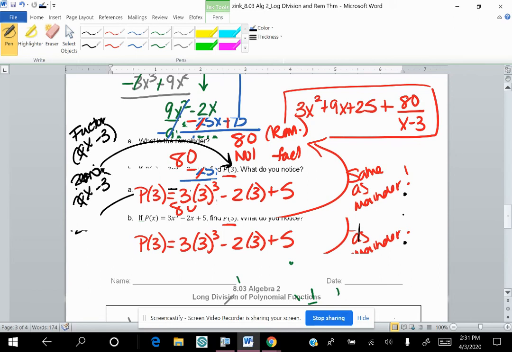The 0 is x equals 3. So if you sub in your 0 value into the original dividend, then it'll give you your remainder. So if you have a remainder of 0, it'll equal 0 when you substitute that in. It's like when we factor and we get our two answers and then we sub them in to check, they both give us 0 because in standard form we set that equal to 0.